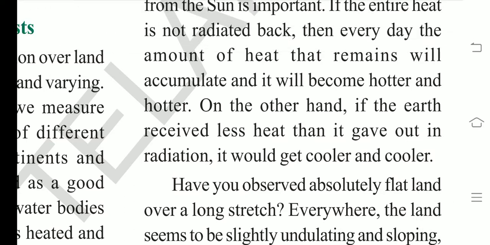If total heat is absorbed by Earth, then it may turn into a fireball. So Earth may become hotter if it absorbs total heat, or if it releases the total heat into space, it may turn into a cold planet.